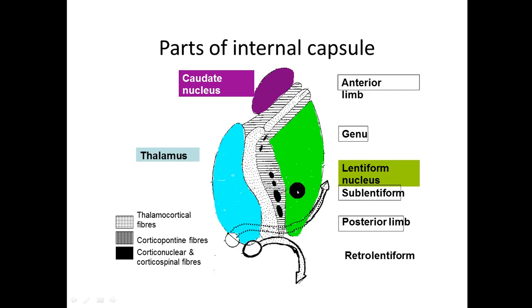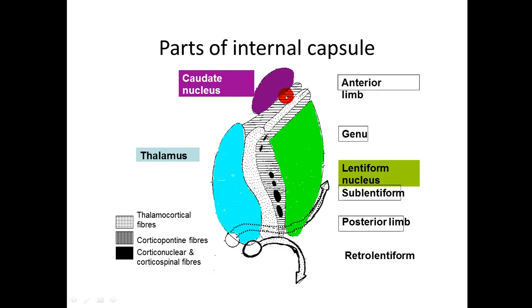This green color is the lentiform nucleus. Behind that, this part is called the retrolentiform part, and the part shown with a dotted line, lying below the lentiform nucleus, is called the sublentiform part. So I repeat, we have an anterior limb, a genu, a posterior limb, a retrolentiform part, and a sublentiform part.